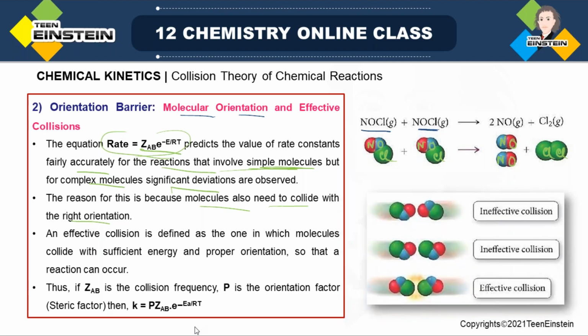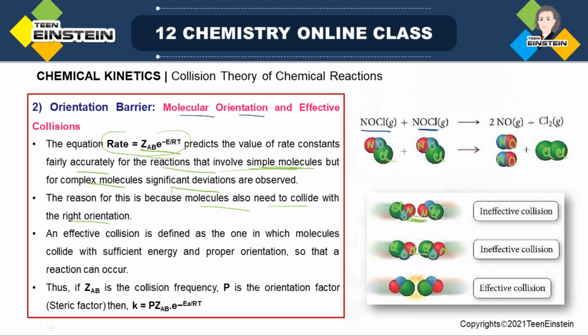Now if you look at these three pictures, here this is NOCl. N and N are approaching each other, but this is not an effective collision, because in the product we do not have any NN bond. So this orientation is not correct. In the second case, it is ClON. Now N and Cl are close to each other, but again there is no NCl bond in the product.